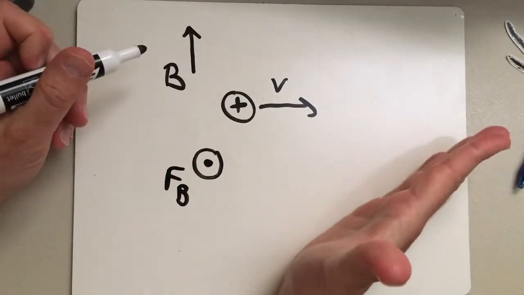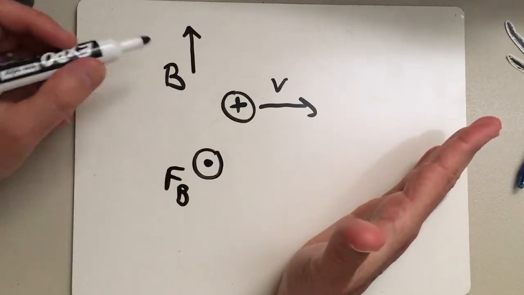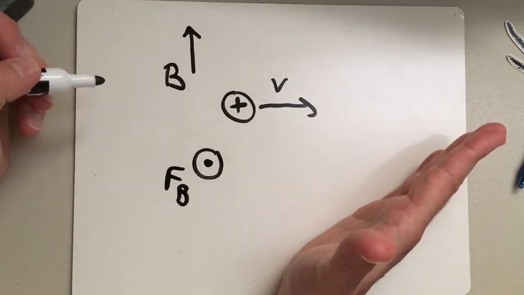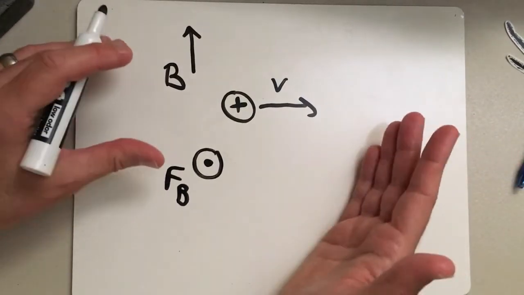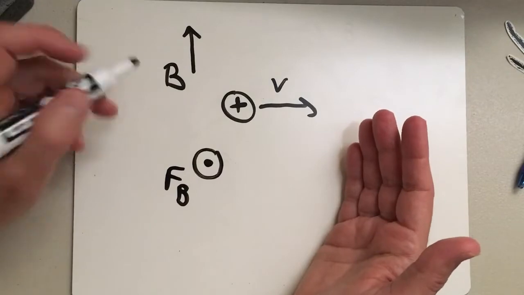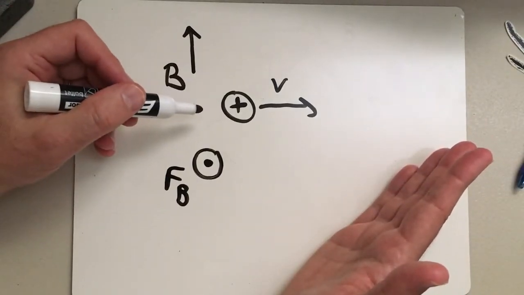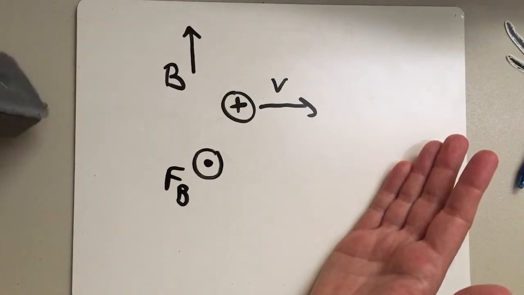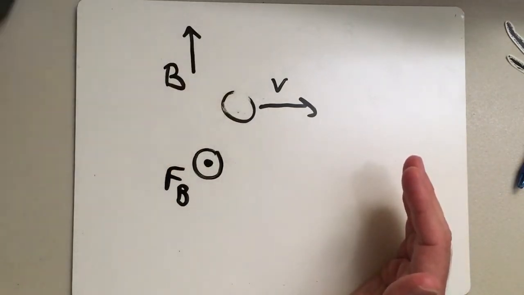And of course the thumb always sticks straight out because the magnetic force is always perpendicular to both the field and the velocity. So this is the right-hand rule to allow you to figure out the force. Now, I want to point out that the right-hand rule works for positive charges. If you have a negative charge, let's in fact just change this to a negative here.